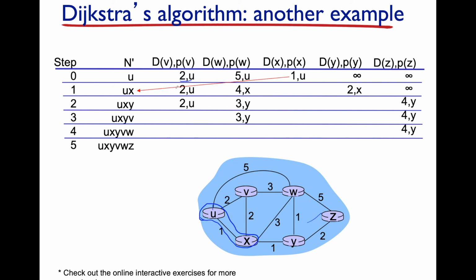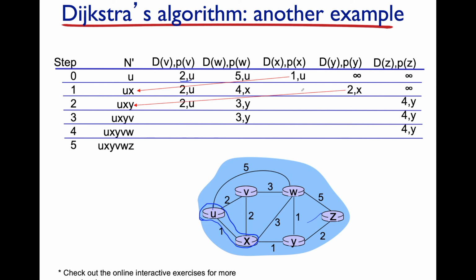Okay, so now we're done with all the neighbors of X that we just added to the blob. And now we look at the next closest node. That next closest node, we're going to choose Y. It's 2. You could certainly choose Z, but we're going to choose Y. We're just going to choose the alphabetic character that's closest to Z, if we make our tiebreaker that way.